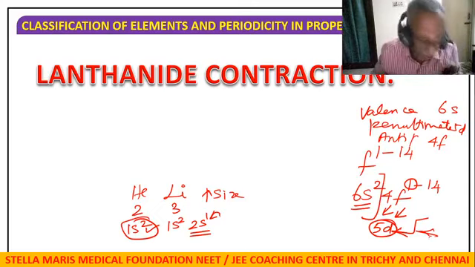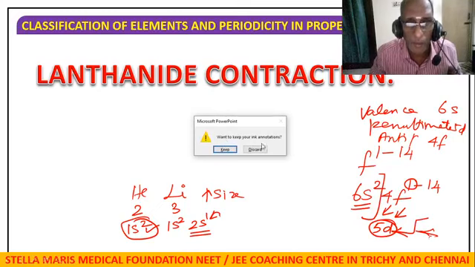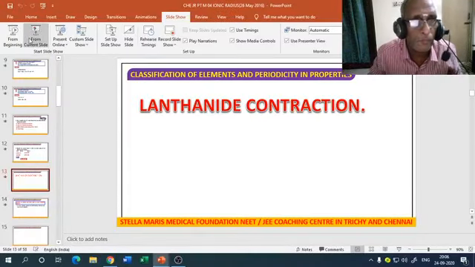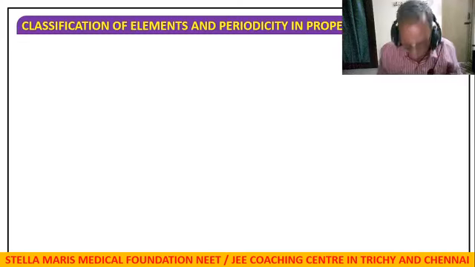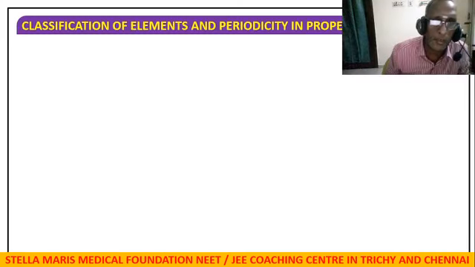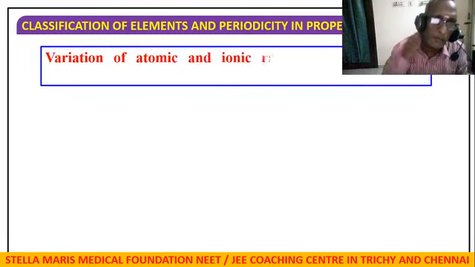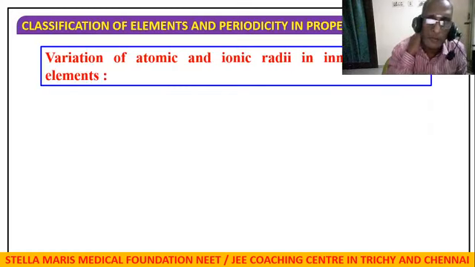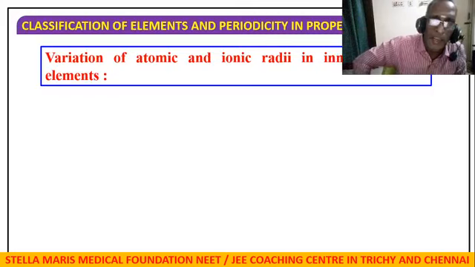That is called lanthanide contraction, in f block elements. It is important. What is meant by lanthanide contraction? It is the variation of atomic radii. The f block elements have another name, inner transition elements.